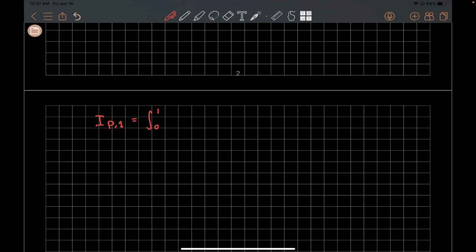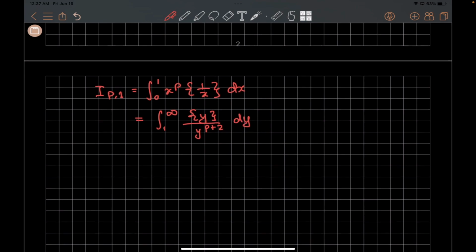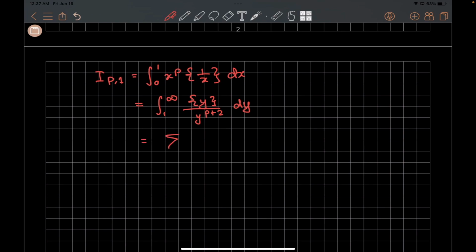So the integral from 0 to 1 of x to the p. That's what it equates to, the integral representation. Again, if we use the same substitution we did at the start, we get fractional part of y over y to the p plus 2 dy. And now using the integer splitting of the interval and the fractional part breaking up into y minus floor, and the floor becomes k because we split it up that way, all that stuff.